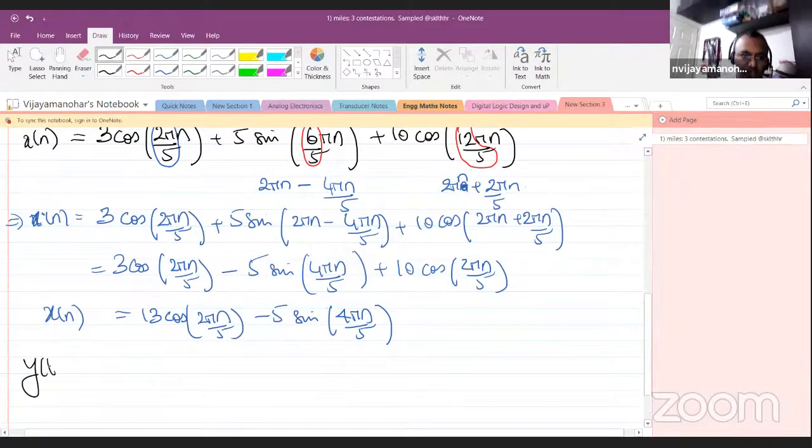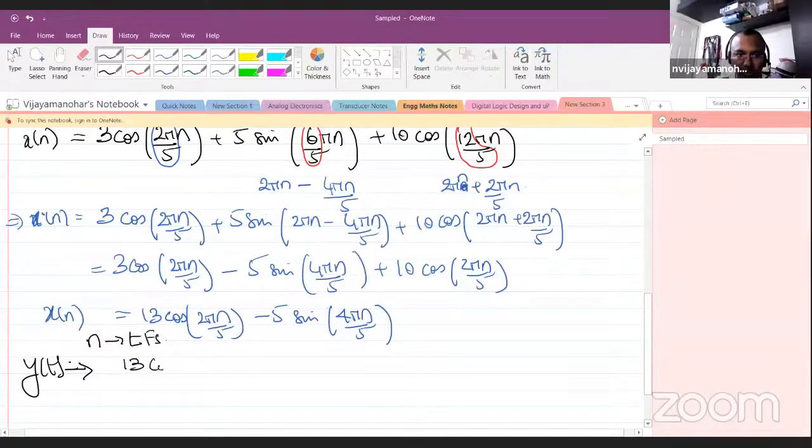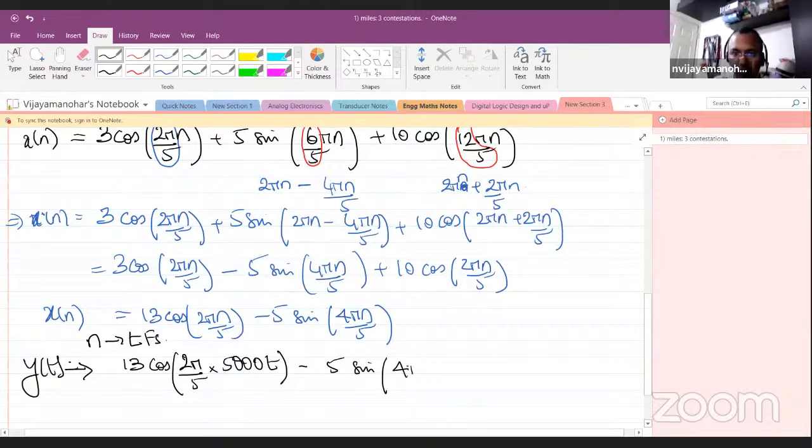So y of t is formed by reconstructing x of n. So I have to replace n as t into fs. So I will get 13 cos 2 pi by 5 into n as t into fs. So 5000 t minus 5 sine 4 pi n, where I replace n as 5000 t divided by 5.